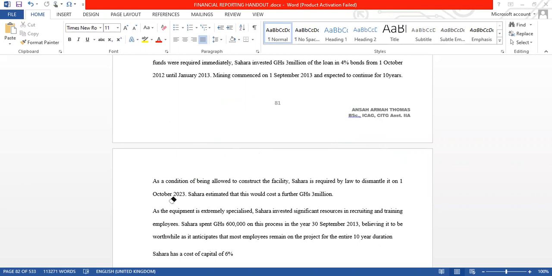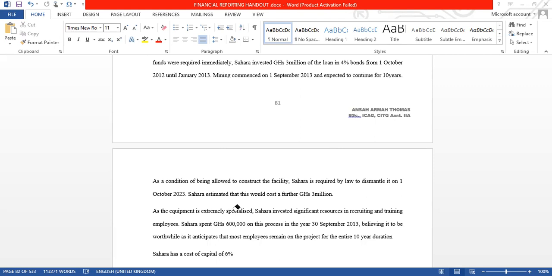Okay, so we remember dismantling cost. All right, that is very important. Remember PV of dismantling cost in IAS 16. And Sahara estimated that this will cost 3 million in 2023. So we will have to do some counting of the number of years to do our PV. Okay, we also have a cost of capital here.